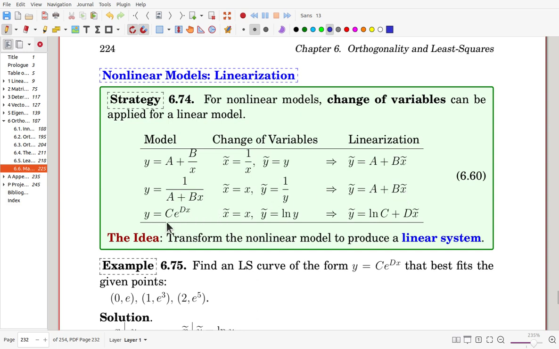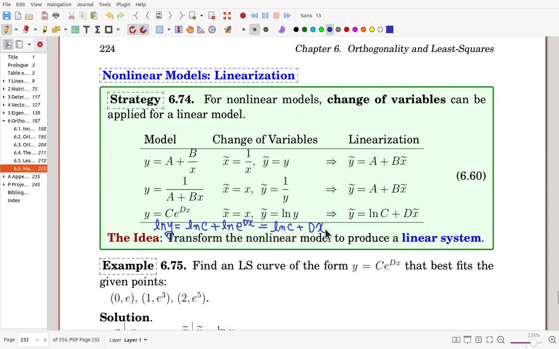And this one is an exponential model. If we take a logarithm, let's apply the natural logarithm. Then it is the natural logarithm of c plus, by using the logarithm formula, the logarithm of e to the dx. Logarithm and e are inverse of each other, so we reach logarithm c plus dx.